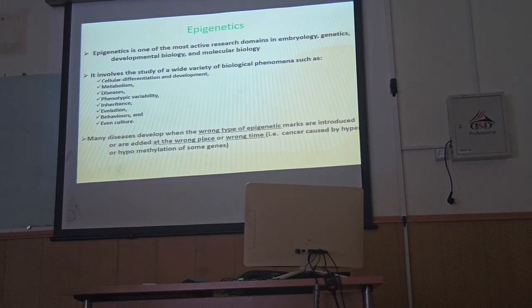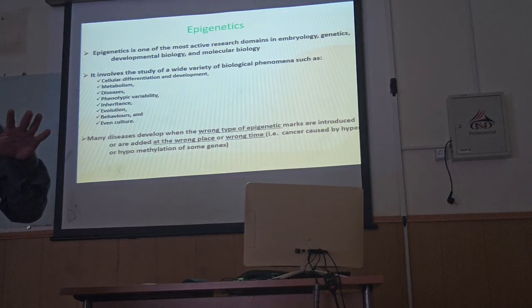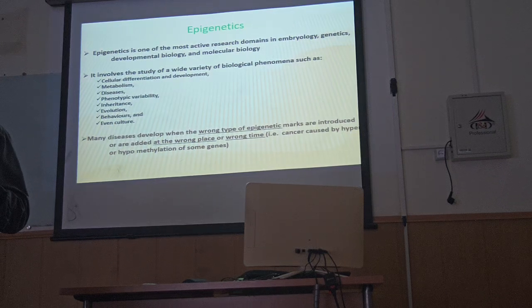Place is our organs, our tissues. Some genes, for example, must be expressed in our muscle. If they are not expressed in our muscles, without changing the DNA sequence, the gene is not expressed in our muscles, that is the wrong place.